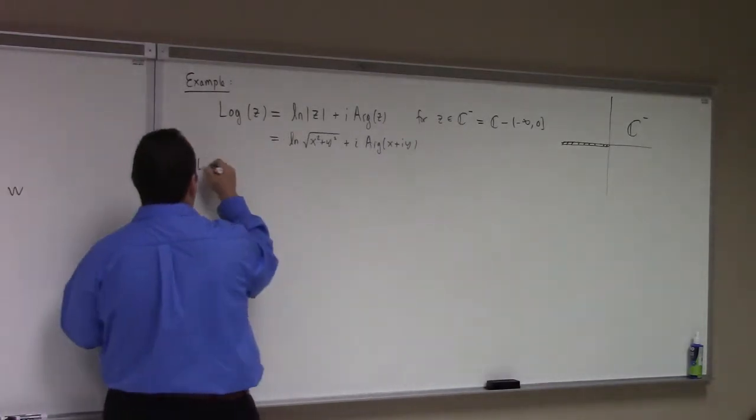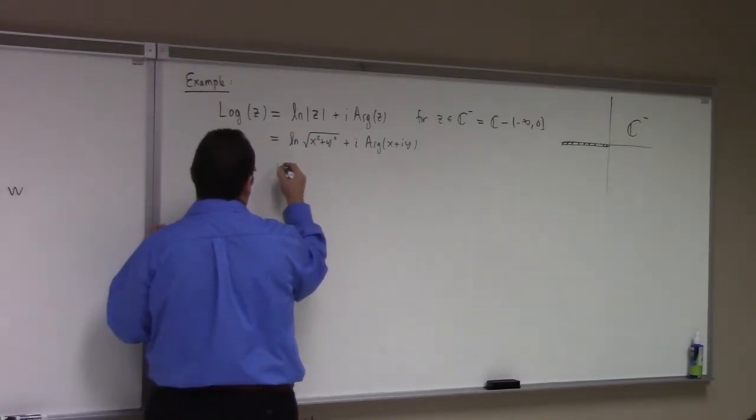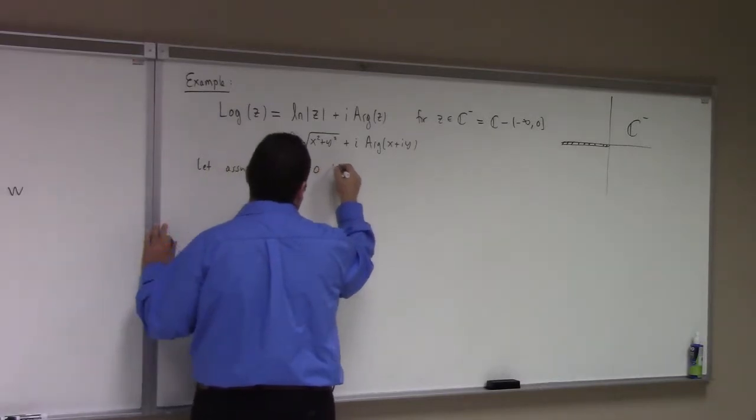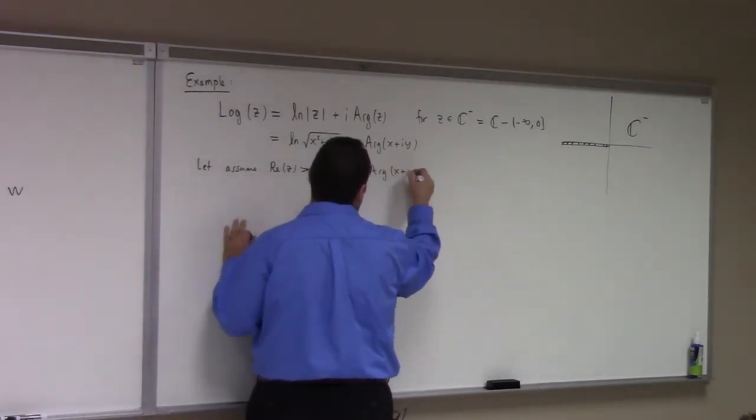So let's assume that the real part of z is greater than 0, hence the argument of x plus iy is given by what?